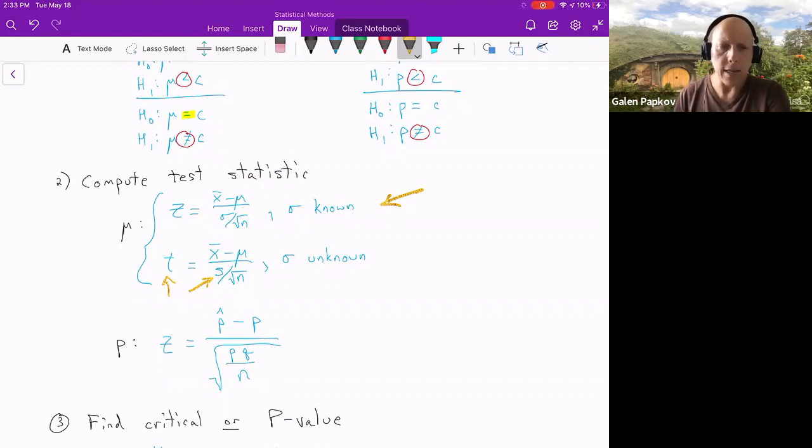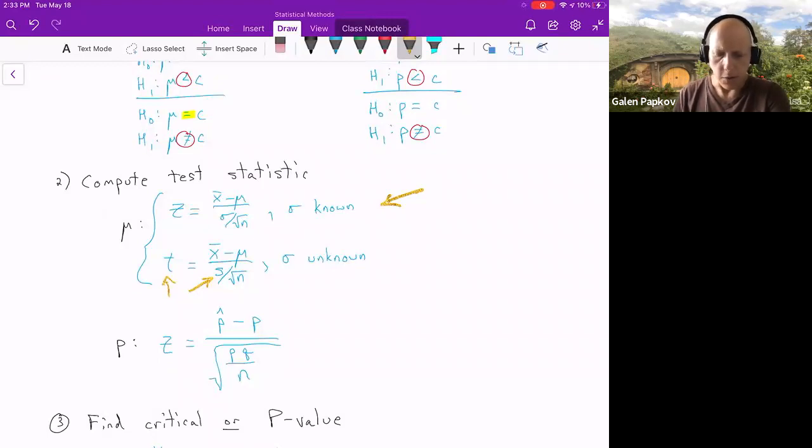Now this z and t, they are calculated. So unlike in the confidence interval approach, where z and t, which I usually put stars on them, are critical values and are table lookups, these z and t's are test values or test statistics and are calculations. And so I put the asterisks on them to differentiate them with a confidence interval as opposed to in a hypothesis test.